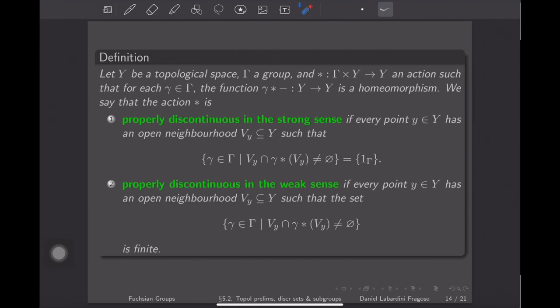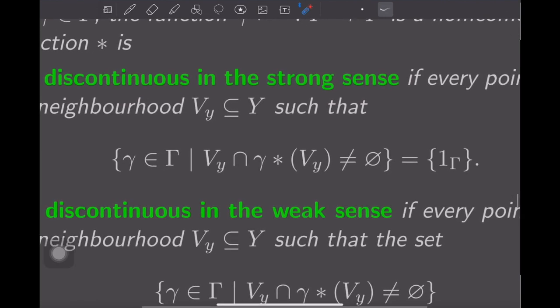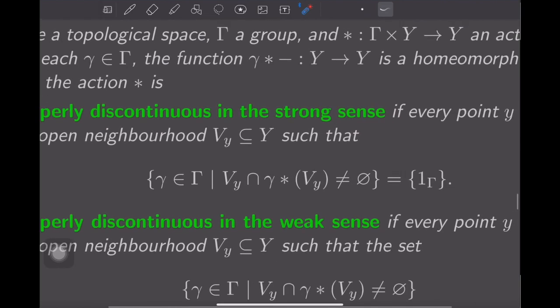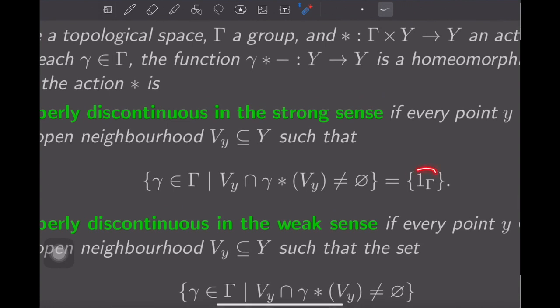So whenever I have an action by homeomorphisms, I say that the action is properly discontinuous in the strong sense if every point has an open neighborhood Vy with the property that every element of gamma different from the identity moves Vy sufficiently far away.